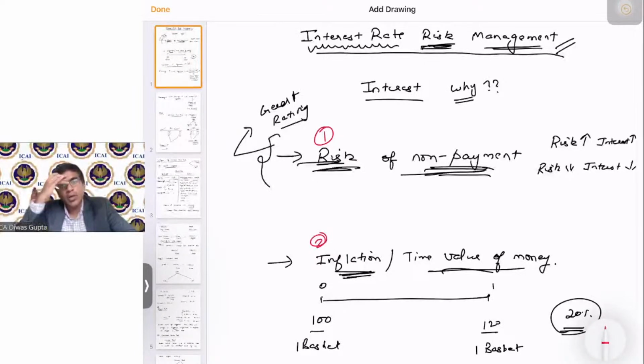In case it is not there, then the interest charge is higher, which we have even seen in the practical questions. And generally, this is governed by the credit rating agencies, that is, the credit worthiness of the person to whom you are lending.